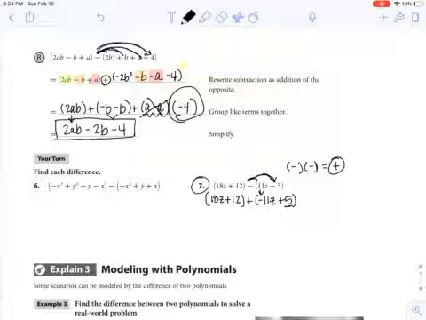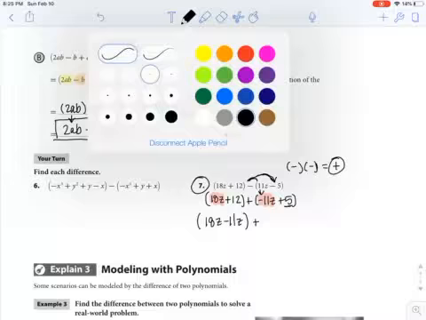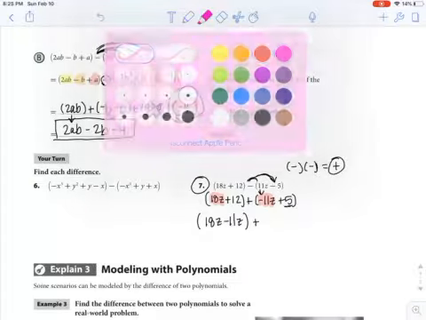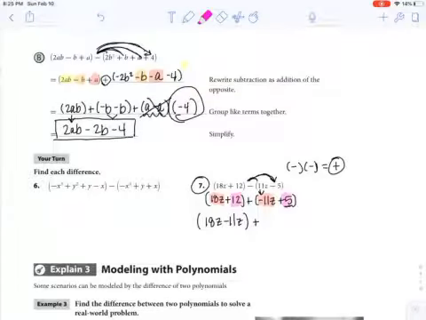And so if I go ahead and combine like terms, I have a z here and I have a z here, so I can put those in parentheses together. So I have 18z minus 11z plus, let's see, I have 12 and I have 5. Those are like terms, so I can go ahead and combine those.